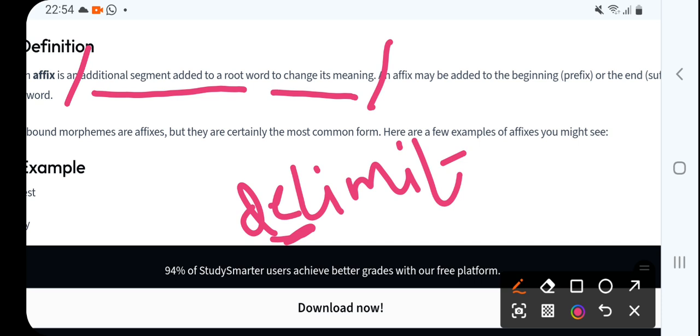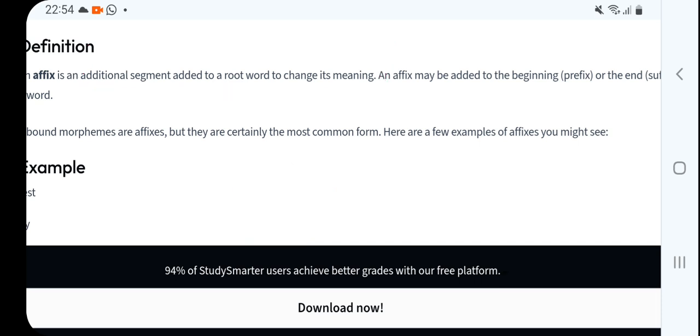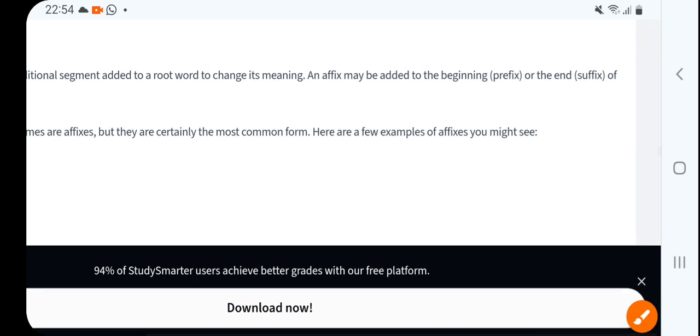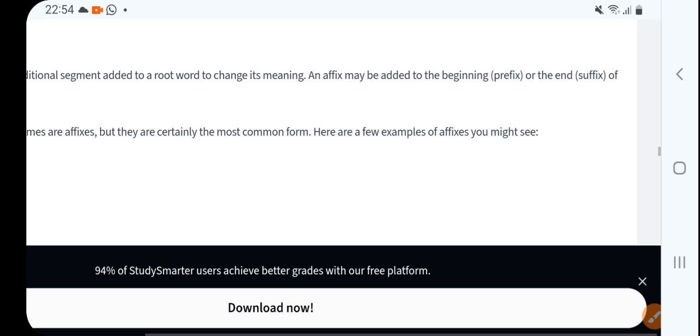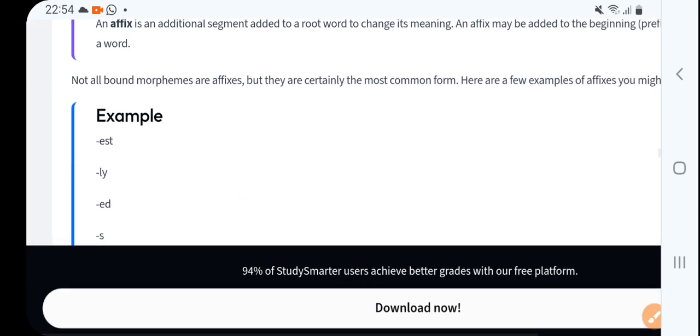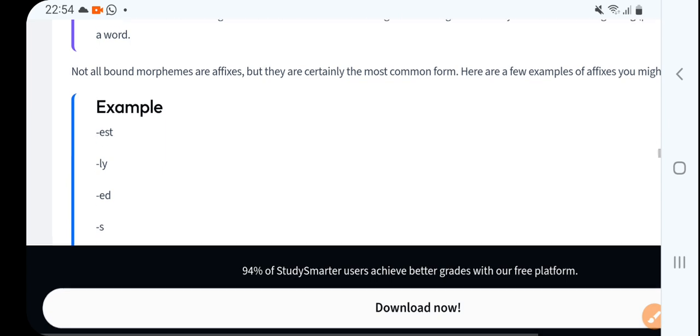That is a prefix, which means an affix. An affix can be a prefix or it can be a suffix.